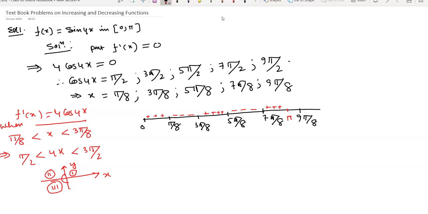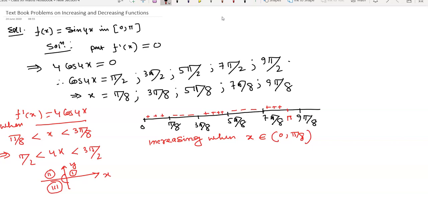Okay. So for this sum, the function is increasing when x is belonging to 0, pi by 8. Never forget to put open bracket over there, because close bracket means that is not strictly increasing.